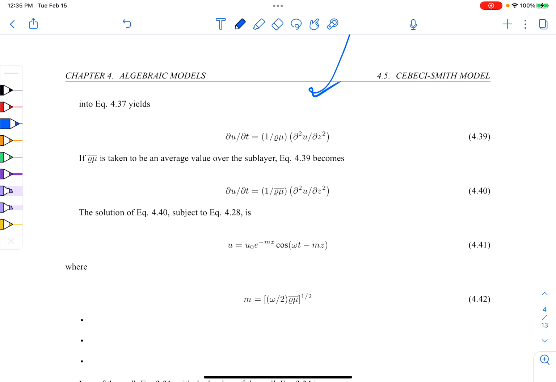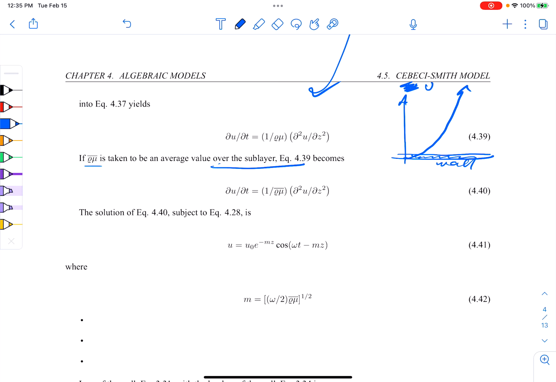Okay. Then he took an average of density and mu over the sublayer region, which in your boundary layer is near the wall. This is U, not W, and there's your viscous sublayer in there, very close to the wall.